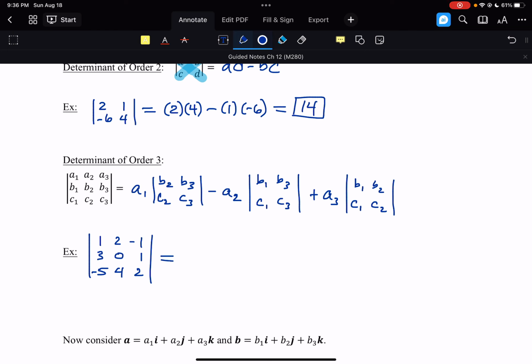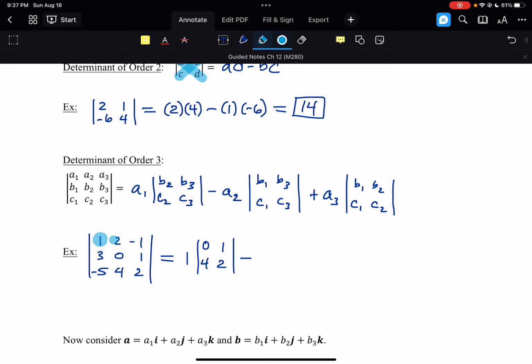Just as an example, we go with the first component up here. That's 1. We block off its row and its column, so we're left with that 2 by 2 down here. That's 0, 1, 4, 2.